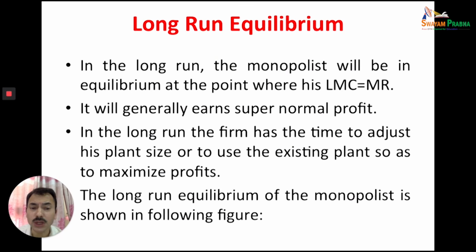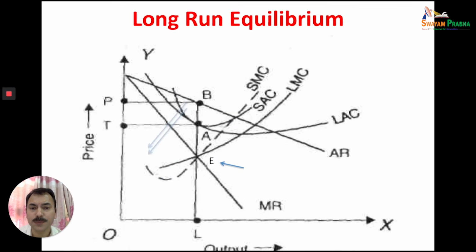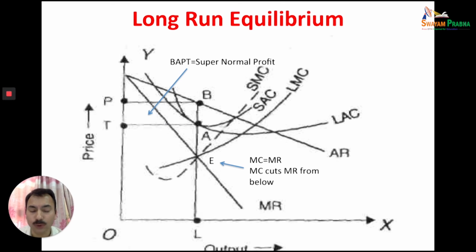The long run equilibrium of the monopolist can be explained with the help of the following diagram. Long run is a time when change in all factors of production is possible. The producer can change his factors of production. He can adjust to the demand and supply forces of the market as per the demand of the market.